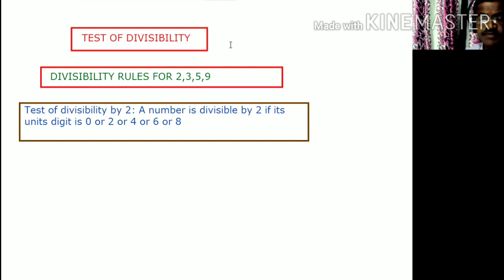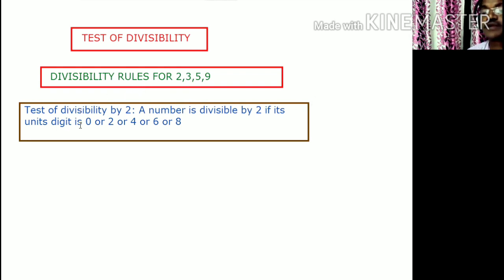Here, divisible means exactly divisible. If we know divisibility rule, we can reduce a fraction into its lowest terms. Moreover, we can find LCM and HCF of the given numbers.